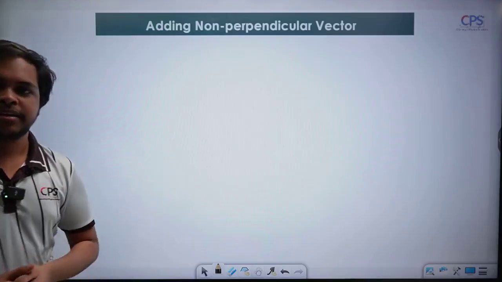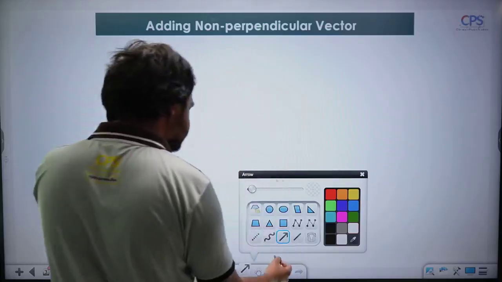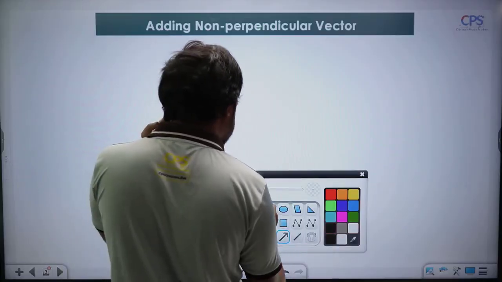We'll add two vectors that are non-perpendicular. Let's say there are two vectors.